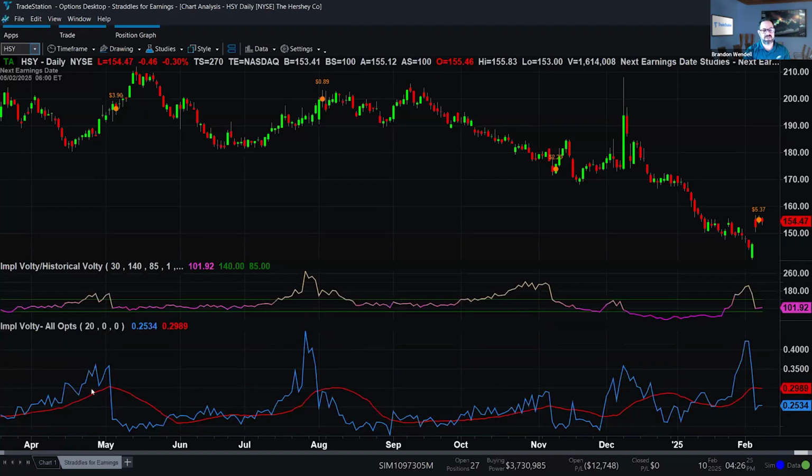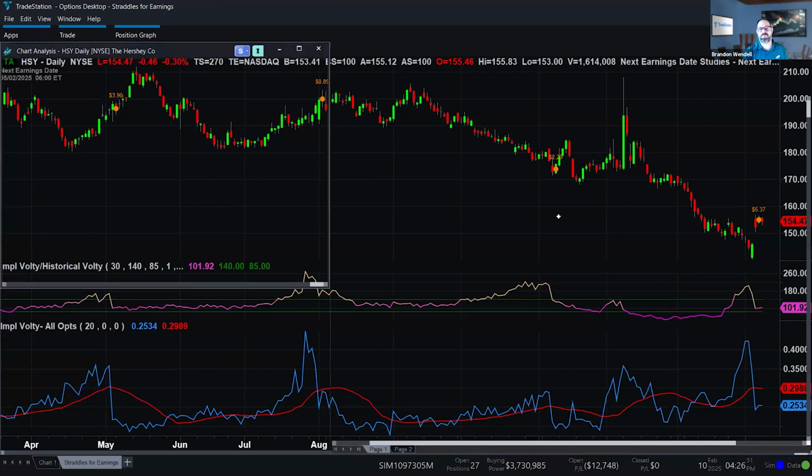Implied volatility is relatively low about a month before, incredibly high just before the earnings, then relatively low again. It's still pretty high here, but it went higher. Our most recent one, big jump. And that's why I selected this one in particular. But we can look at almost any security that comes up on our list and look for that pattern.